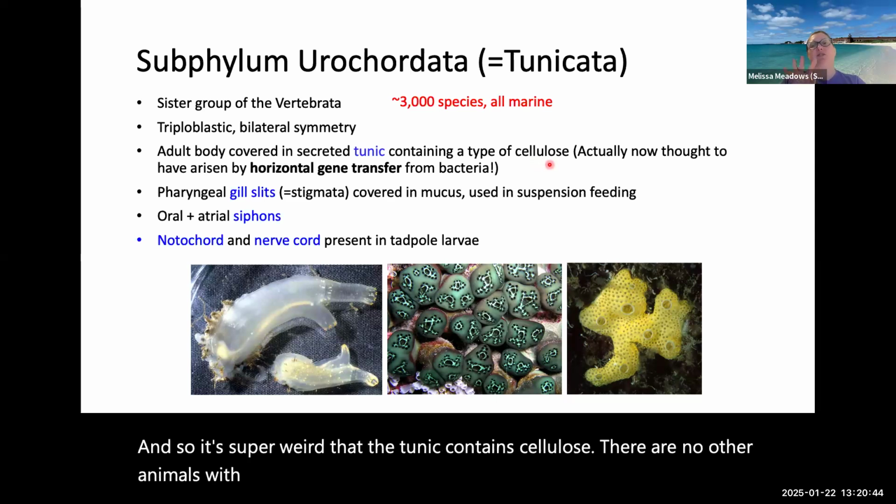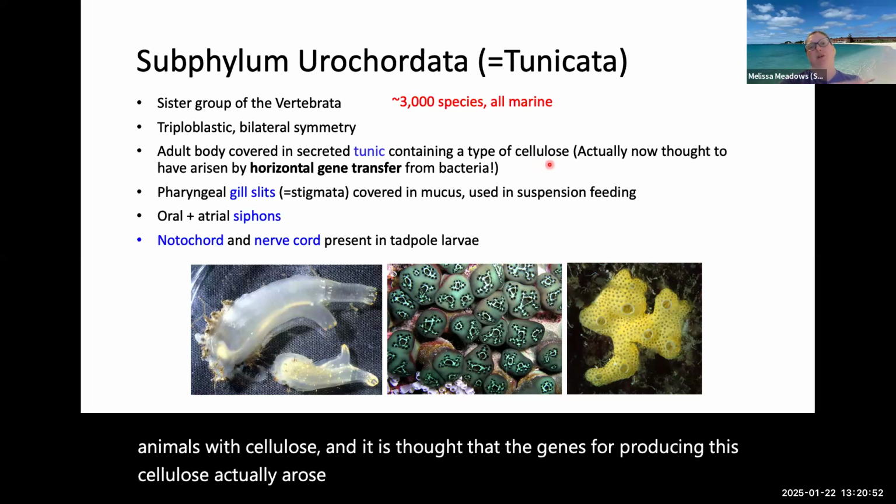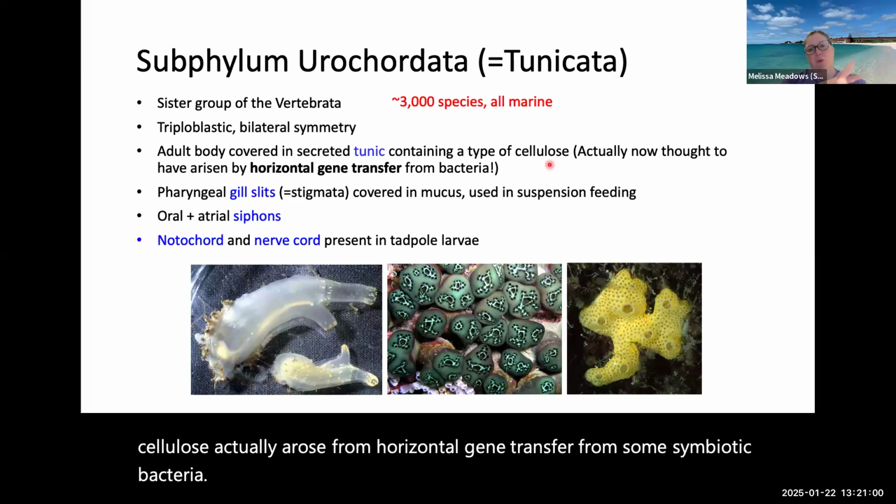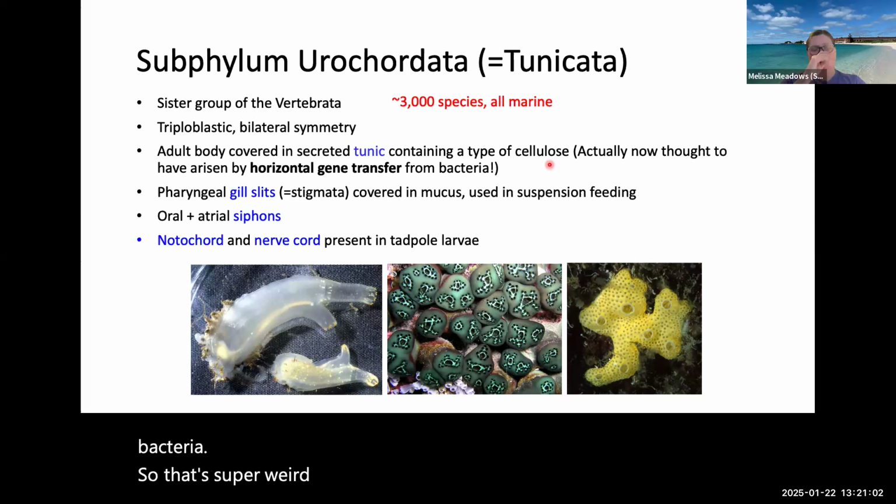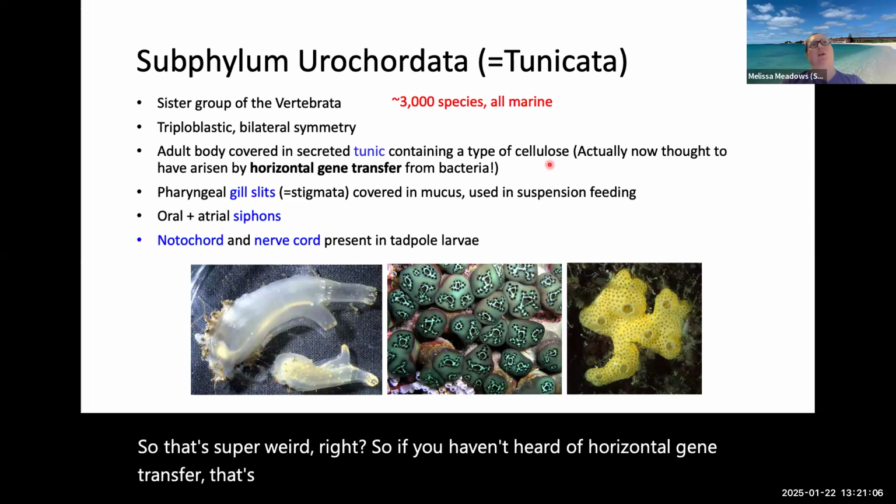And it is thought that the genes for producing this cellulose actually arose from horizontal gene transfer from some symbiotic bacteria. So yeah, that's super weird, right? If you haven't heard of horizontal gene transfer, that's basically where organisms get genes that don't just come from their parents.